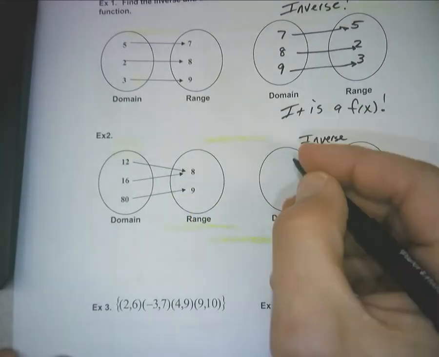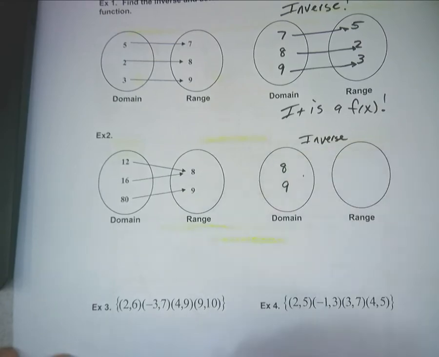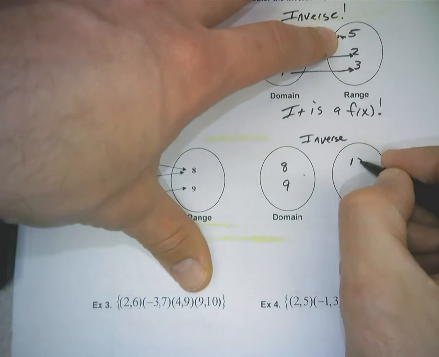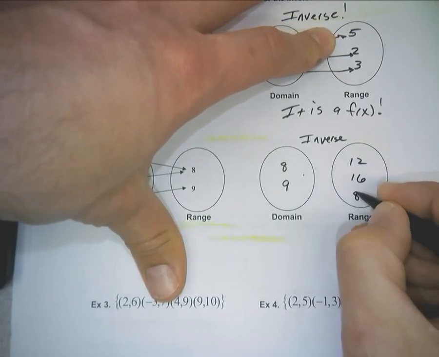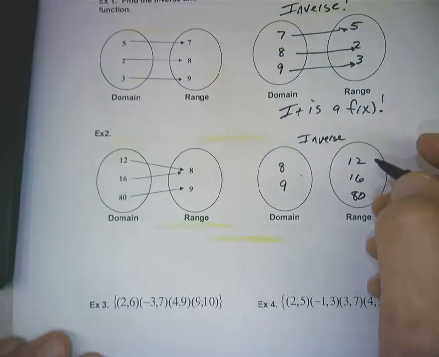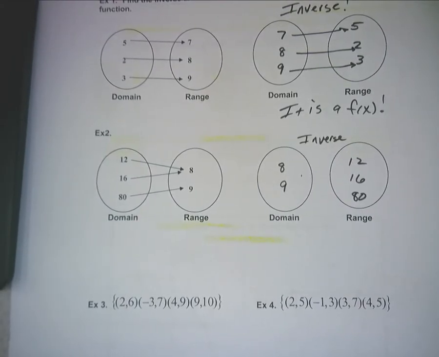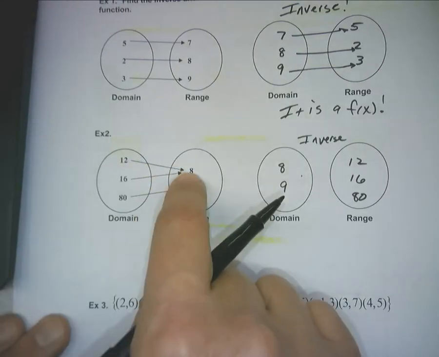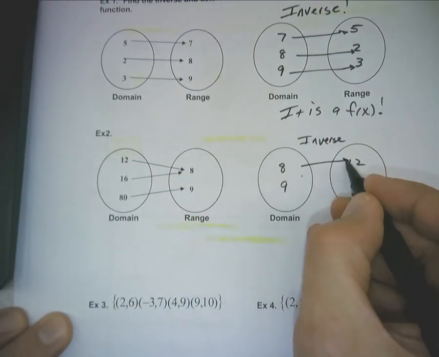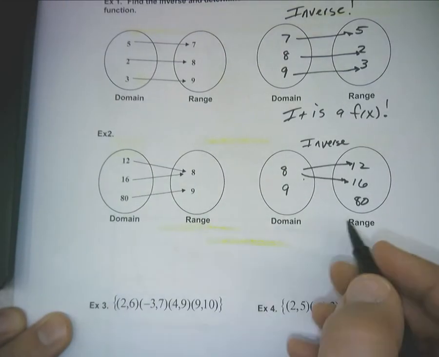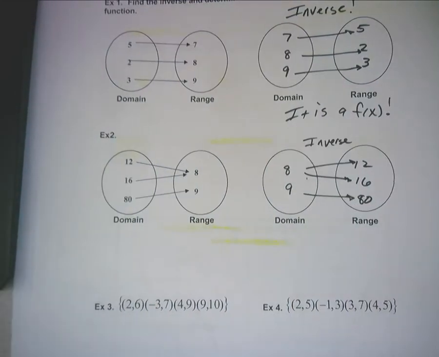So 8, 9 was my range, that's now my domain. 12, 16, and 80, which is my birthday, by the way, 12, 16, and 80 is now my range. Image over, 12 and 16 went to 8, now 8 goes to 12 and 16. 80 went to 9, now 9 goes to 80.